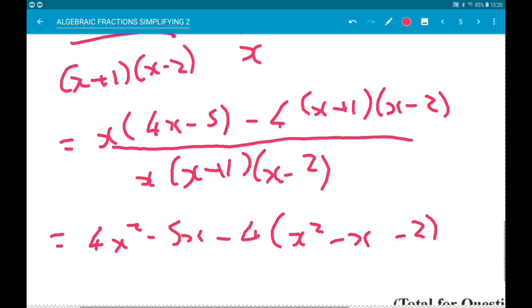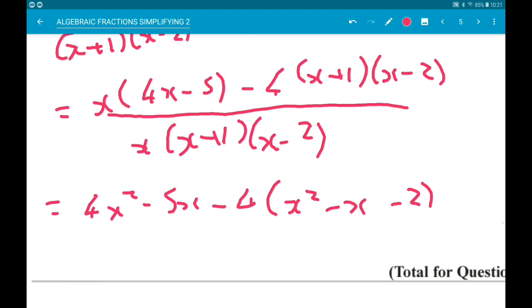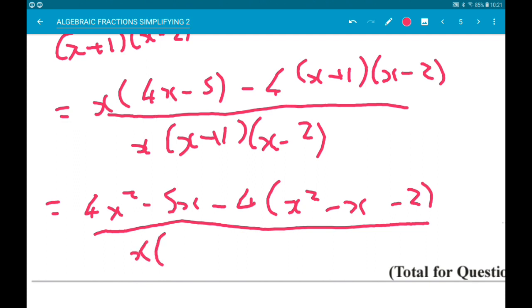Now that is all over x times (x squared minus x minus 2). Okay, so I've run out of room, let's take it somewhere else.